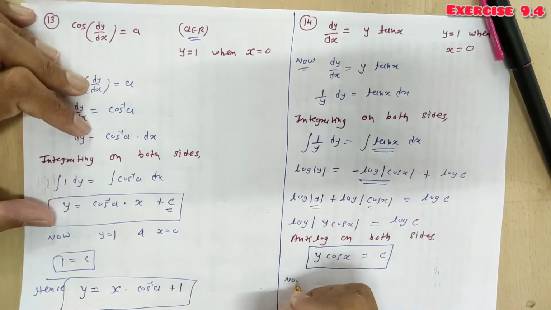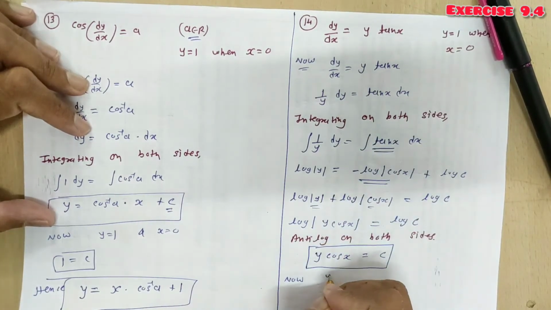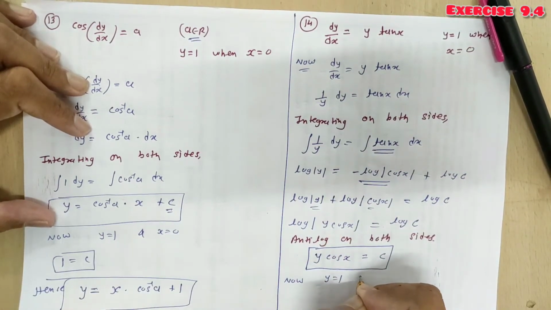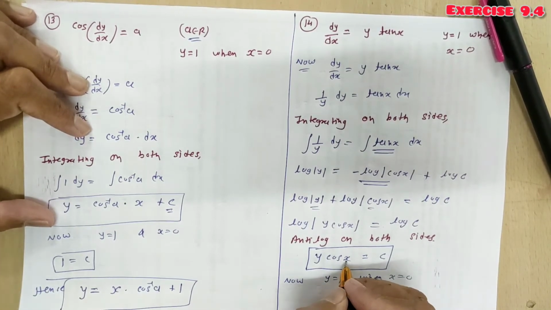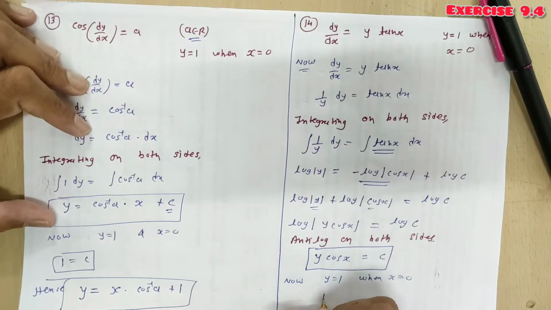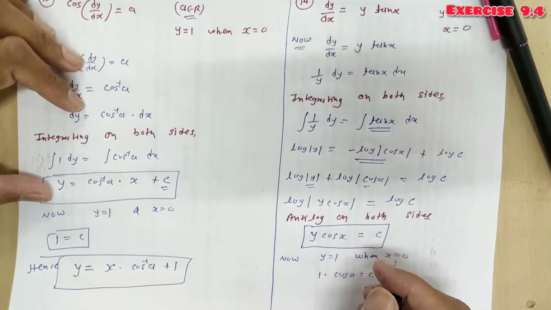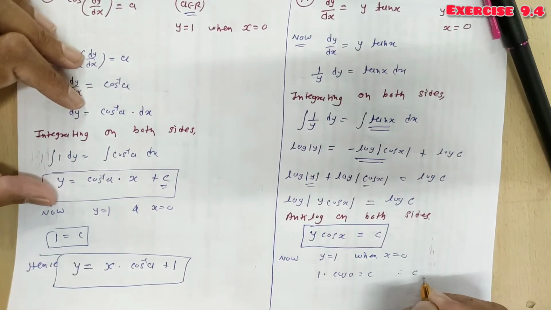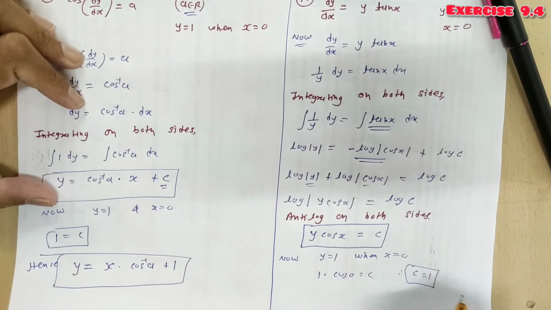Now put the condition, y is 1 when x is 0. So put x as 0, y as 1. So 1 into cos 0 equal to c. Cos 0 is 1, and therefore c is equal to 1.